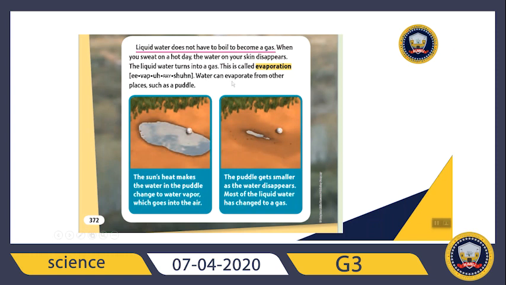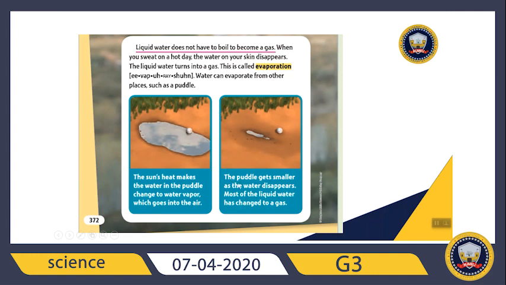And water can evaporate from other places, such as a puddle. Here in this picture, the sun's heat makes the water in the puddle change to water vapor, which goes into the air. You cannot see it, but the water as a gas is in the air.